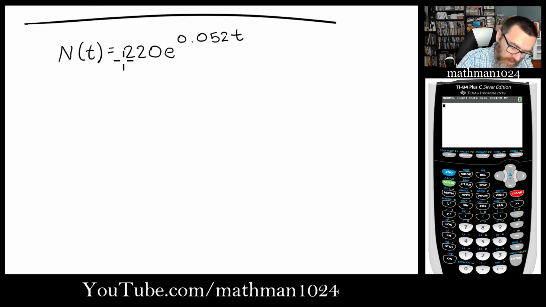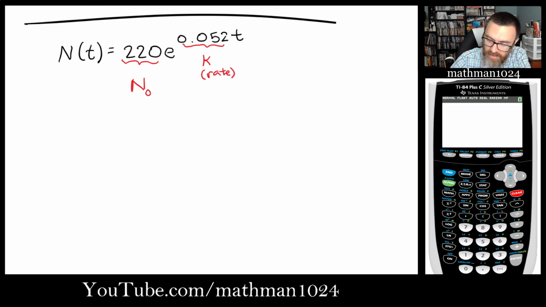Okay, so this 220 means your initial value. And you can call it here N naught because we're using N for the name of the function, right? And then this piece relates to our k, which is, of course, our rate. And the problem here says that t is being measured in days.